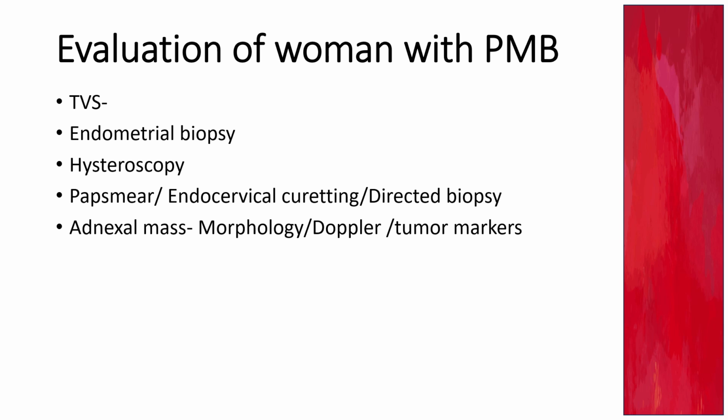But if the cervix is showing any growth, ulcer, or the size of the cervix is more than expected for that age, then she should be further evaluated by a directed biopsy and endocervical curetting. Directed biopsy may be in the form of a colposcopy, can be VIA or VILI, and if the suspicion is very strong, even we have to do a cone biopsy.